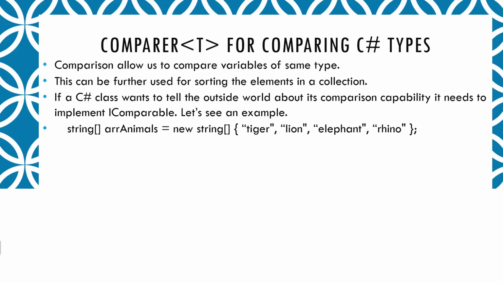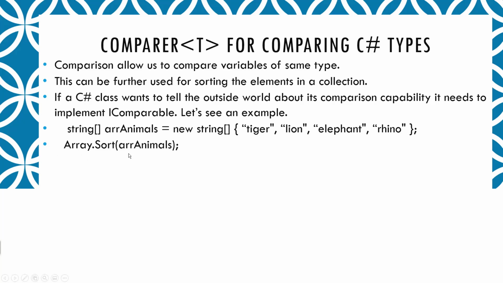Let's see an example. We have a string array, animals, which is initialized as a new string array with these items: tiger, lion, elephant, rhino. These are all strings, animals represented as strings, you can say. Then we have the Sort method of the Array class.